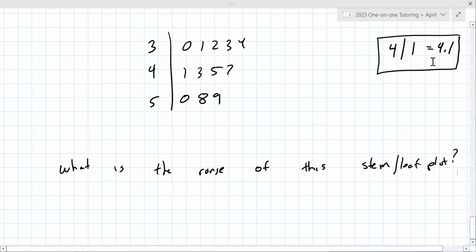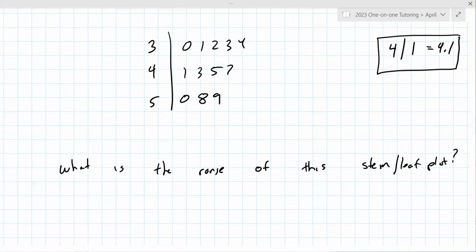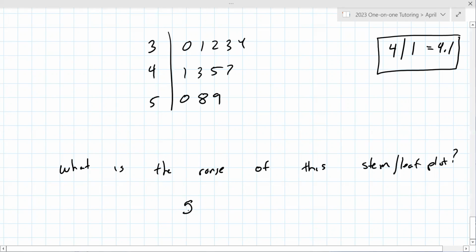You have to use the legend to figure out the biggest number and the smallest number. Does the legend only apply for 4, or does it apply for like 3.1? It applies to everything. The number on the left is the whole number, the one on the right is a decimal. So is it like 2.9? Yes. So 5.9 minus 3.0 is 2.9.